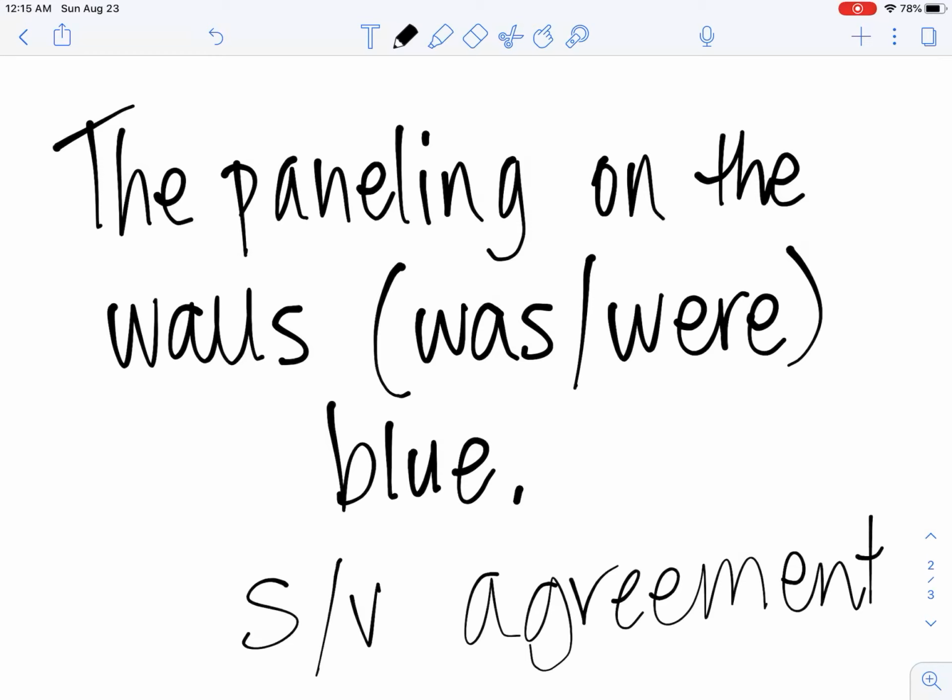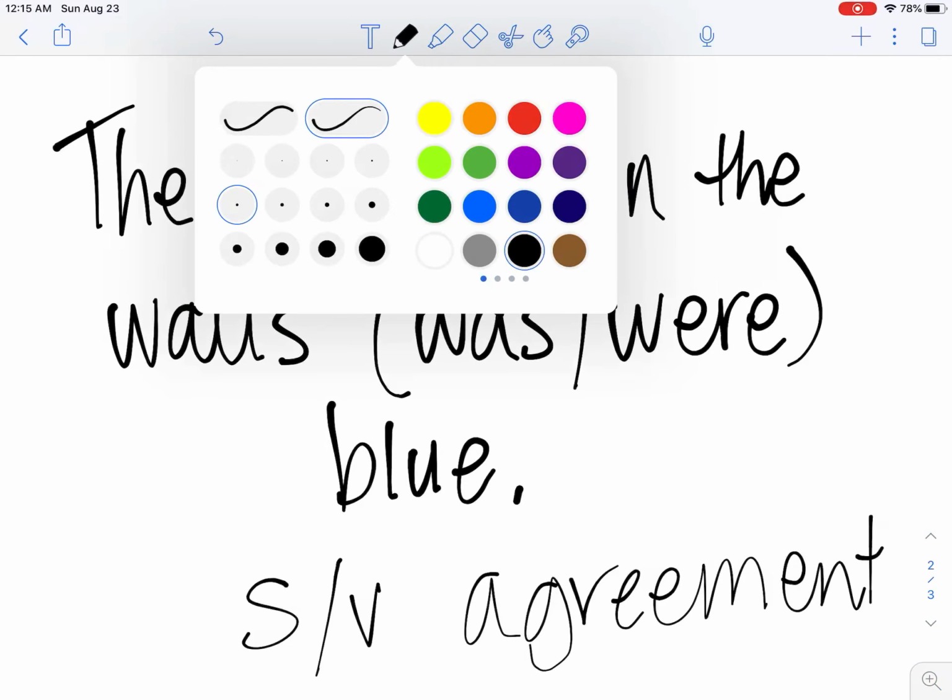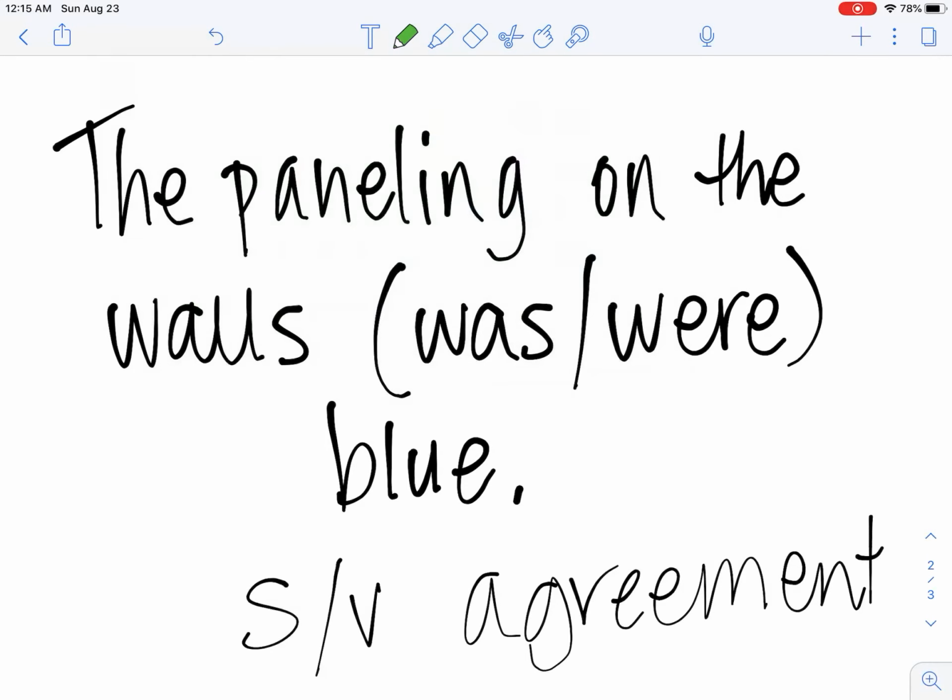What you have to do is take out the prepositional phrase. So if you know that on the walls does not count as part of the subject, by taking this out, you can know now with better certainty what verb goes there, because you would say the paneling was blue.